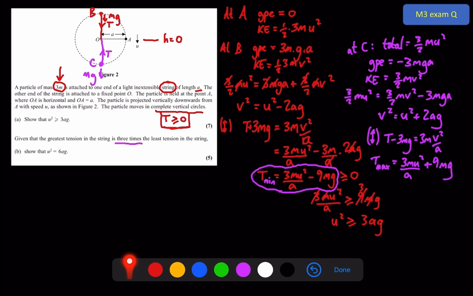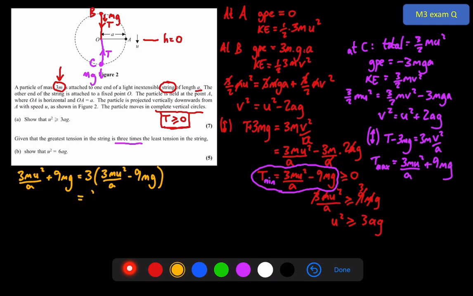Having done all of that work, we can now say that the greatest tension, this thing, is 3 times the least tension, this thing. So to finish this off, we can say 3mu squared over a plus 9mg is equal to 3 times the least tension, 3mu squared over a minus 9mg.